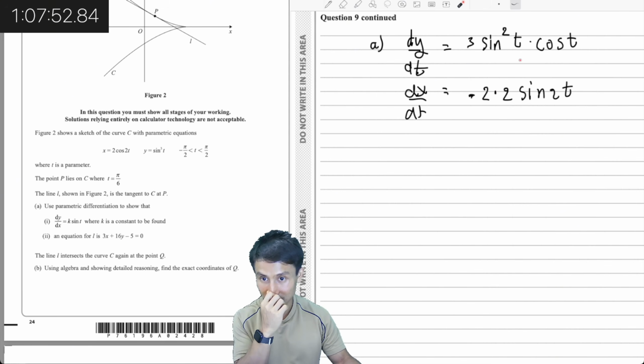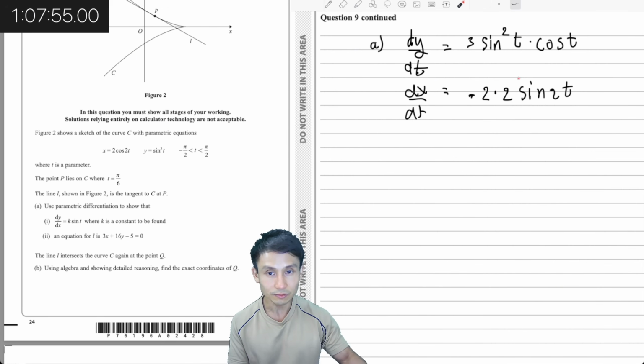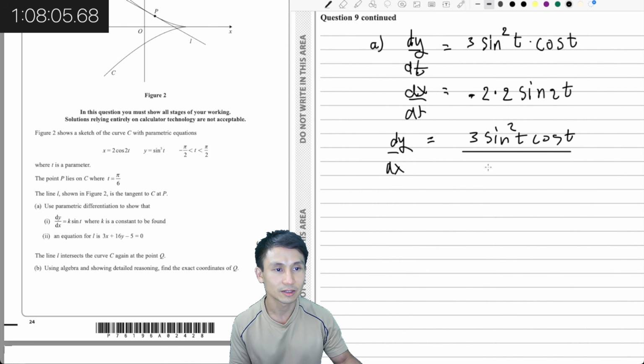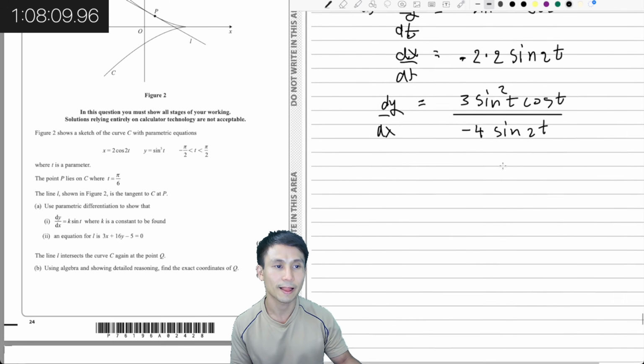Okay, so that's what I got. And then dy by dx is just dividing both of them. So we do 3 sine squared t cos t first, and then divided by minus 4 sine 2t.